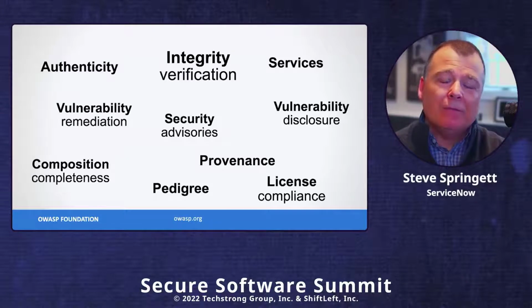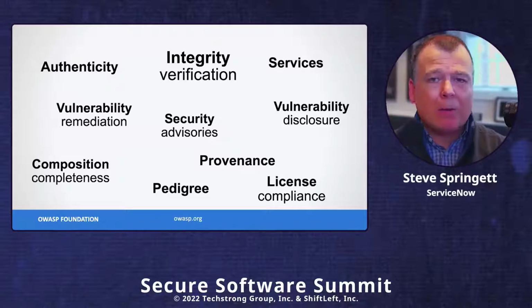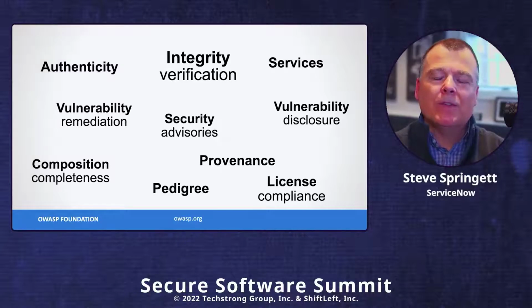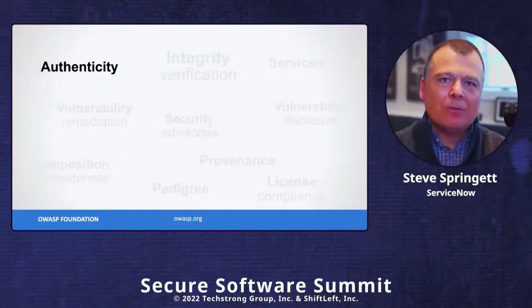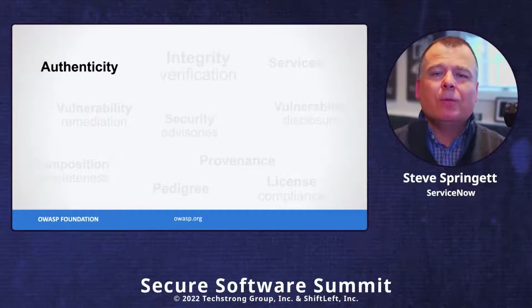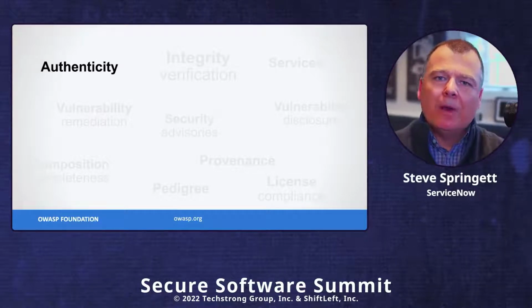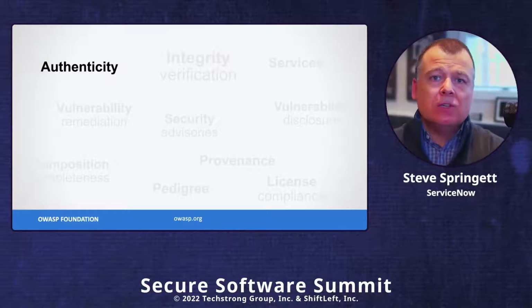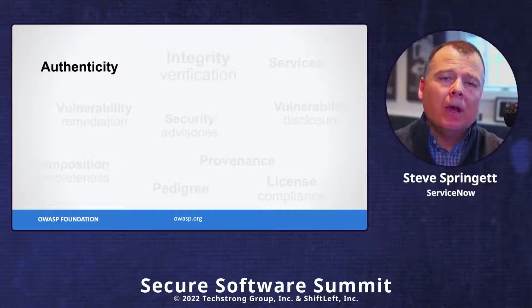Well, there are a lot of different things that you probably should care about, and we'll dive into very briefly what these things are. First one is authenticity. In other words, did someone actually create this component, and is it digitally signed, for example?